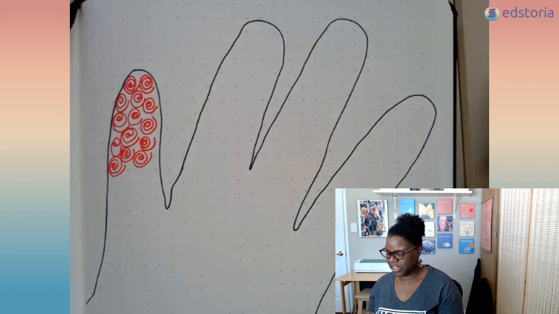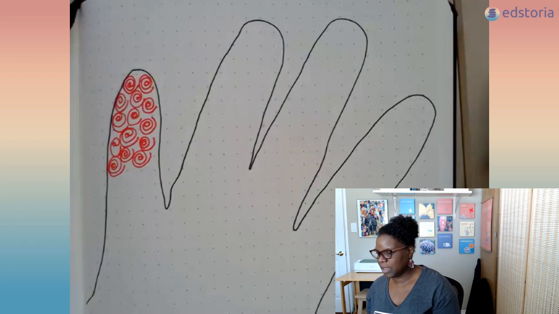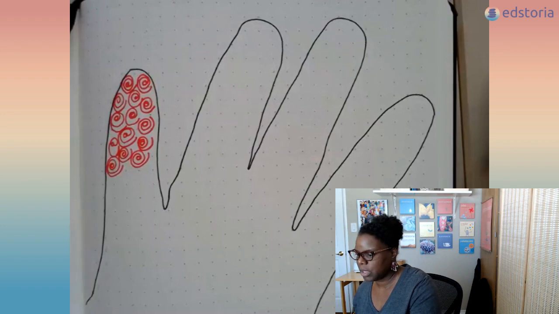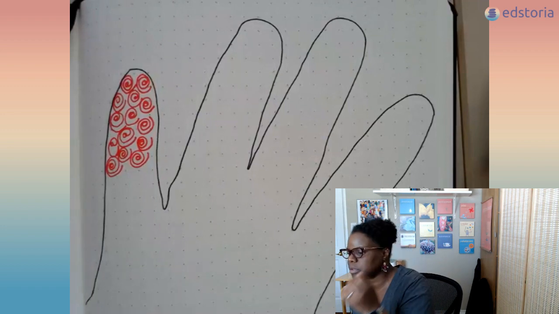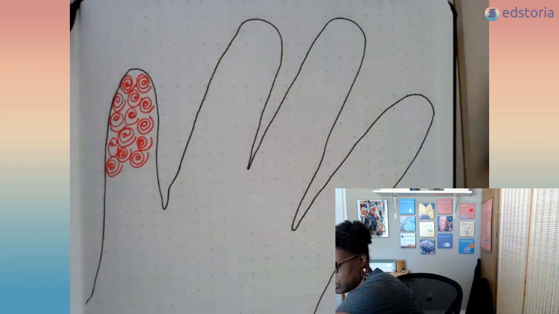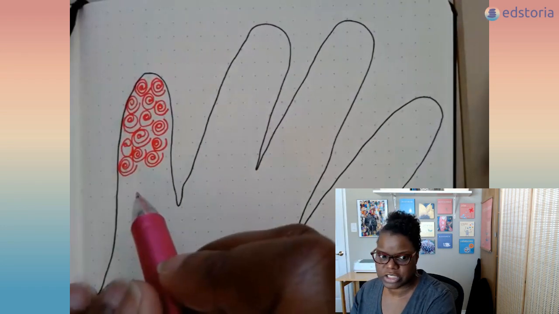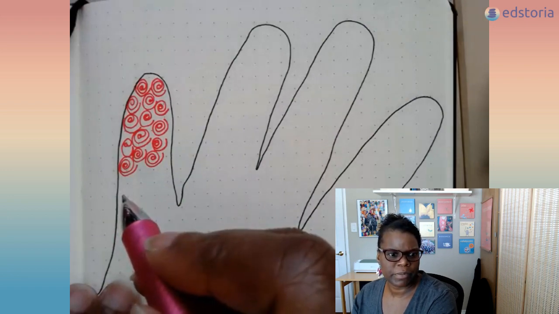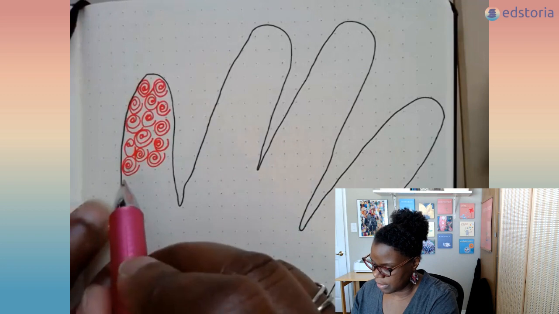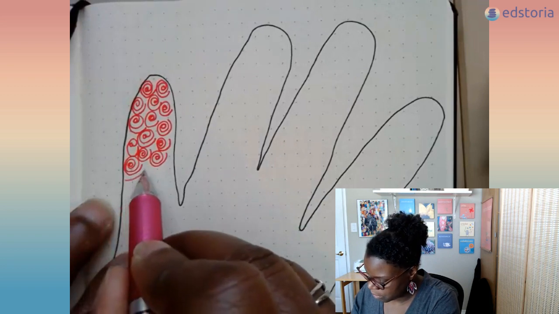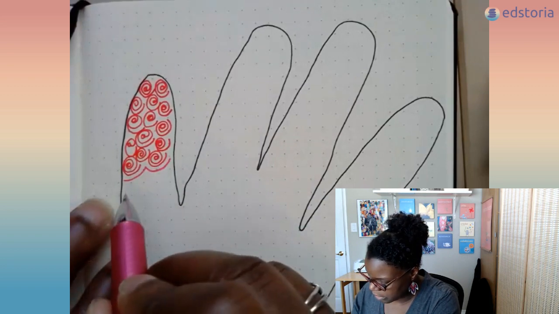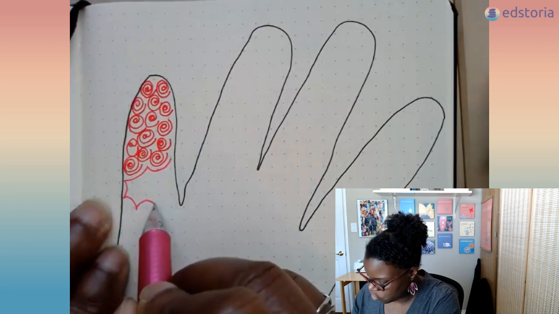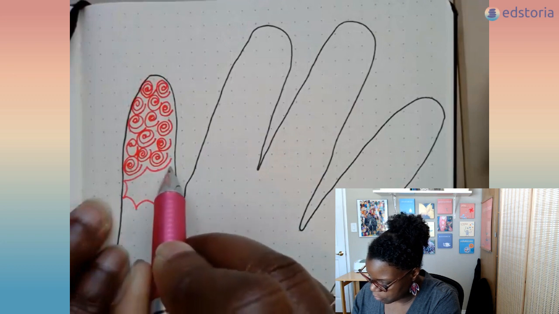I am ready for another color. I'm going to go with pink, which is very similar to this red. So it might not look different, but it is a different color. And for this part, I am going to adhere to these shapes, but then I'm going to add a new shape that kind of mirrors it.